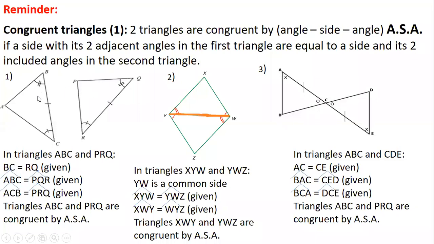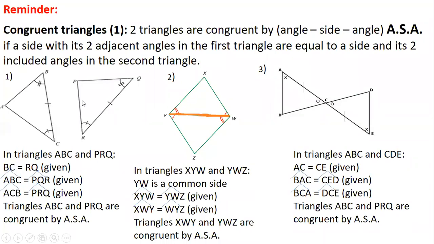I want now, please, Zainab Asi. Please look at example 1. Can you tell me which triangles do we have in example 1? ABC and PRQ.